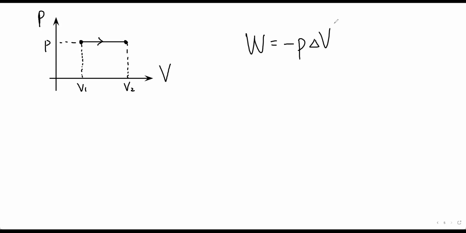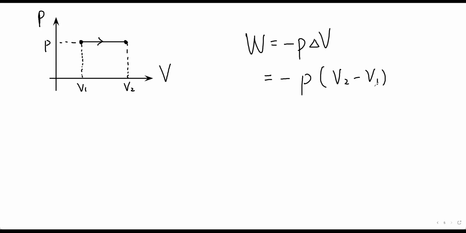So when you write down the formula in terms of P, V1, and V2, you don't need to think about whether it's negative or positive. You just substitute into the formula. The change in volume will be V2 minus V1, because it's always the final volume minus the initial volume.